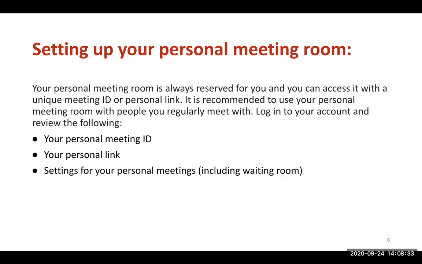It's very unique, and you can set it up so that it doesn't change all the time, and that way you always remember. You don't always have to schedule a meeting. If you're meeting with someone on Tuesday at 7 p.m., you don't have to schedule a meeting. You can just tell them, meet me in my personal meeting room. You give them the ID, and they'll be able to access that. We're going to take a look at that in just a moment.